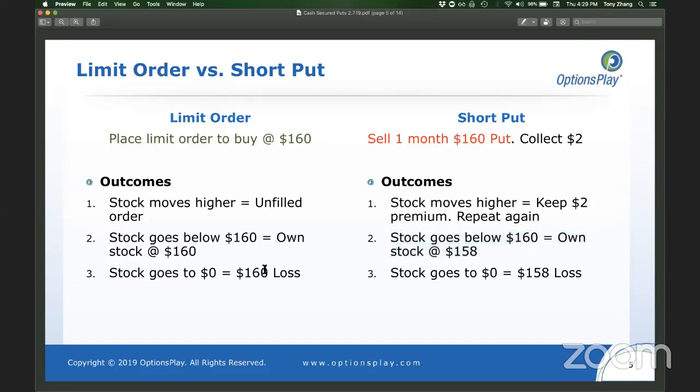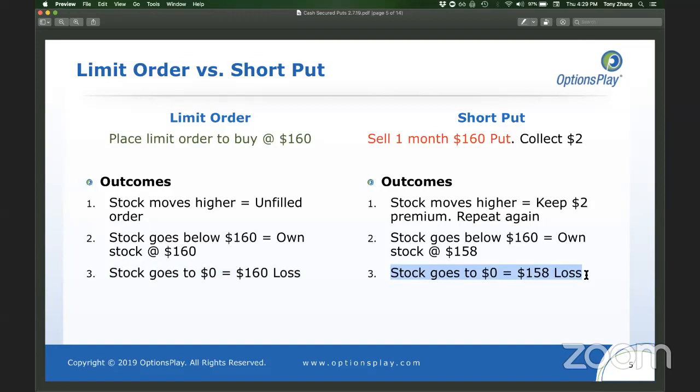If the stock goes to zero, your loss here is $160 per share. Now that's quite a bit of money to lose. However, if you had shorted the put, you actually only lose $158. Not much better, but you do actually risk less than if you outright bought the stock at 160.